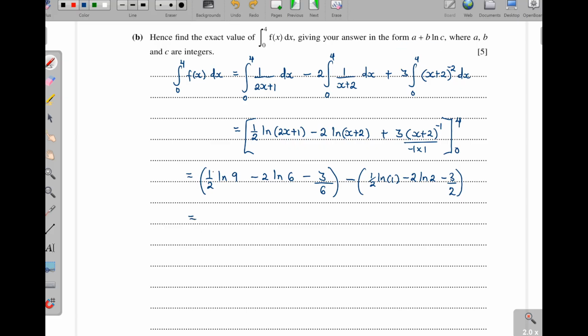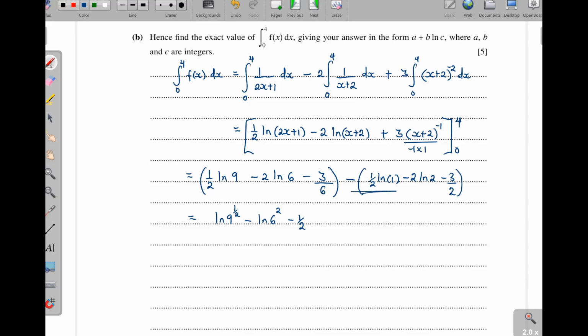So we shall take this one up here and it will be natural log of 9 using rules of logarithms. This is power half, then minus natural log of 6, then squared. Minus 3 out of 6. 3 out of 6, isn't that a half? Yes, that one will be a half.